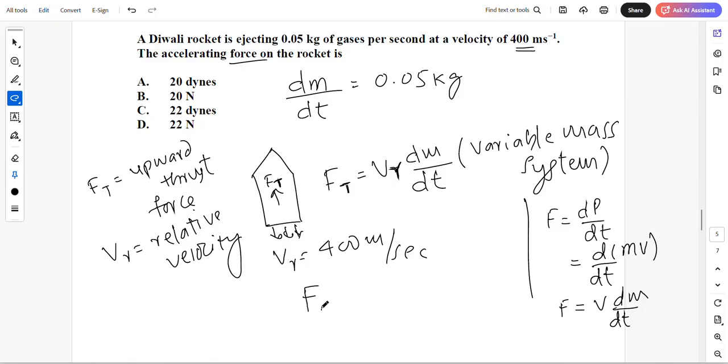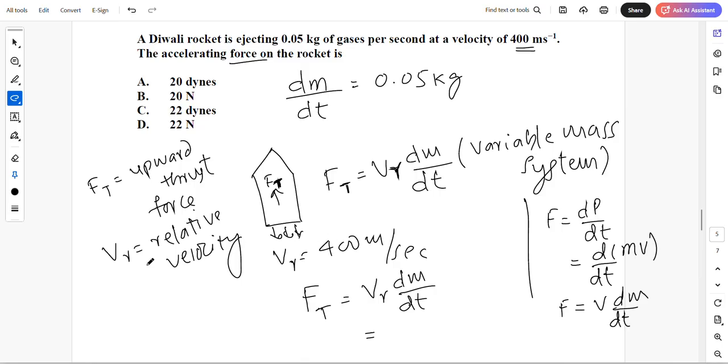Now directly calculate. Ft is equal to, hope you understood, this is upward thrust. Okay, that is a force, accelerating force. This is relative velocity. Okay, with respect to what? With respect to the rocket. Relative velocity of the gases with respect to the rocket. Now Ft is equal to Vr dm by dt.